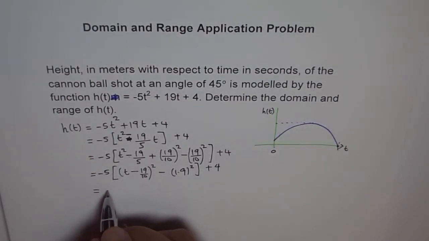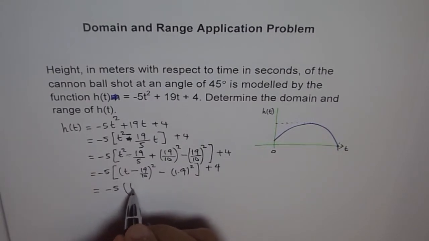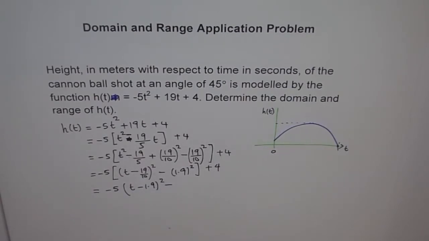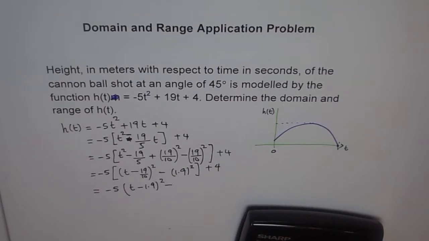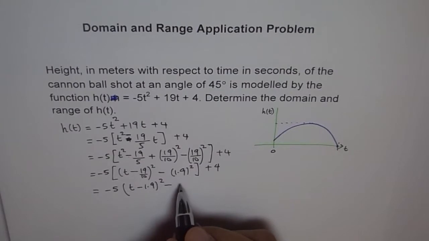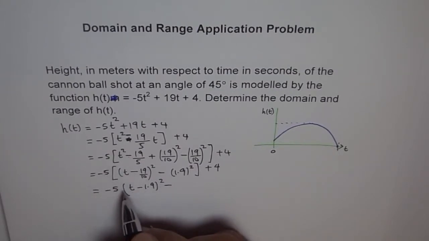So we can write this as minus 5, open the brackets, t minus 19 divided by 10, which is 1.9, squared, minus 1.9 squared. The square of 1.9 is 3.61 in decimals, so we can write this as 3.61 times minus 5.